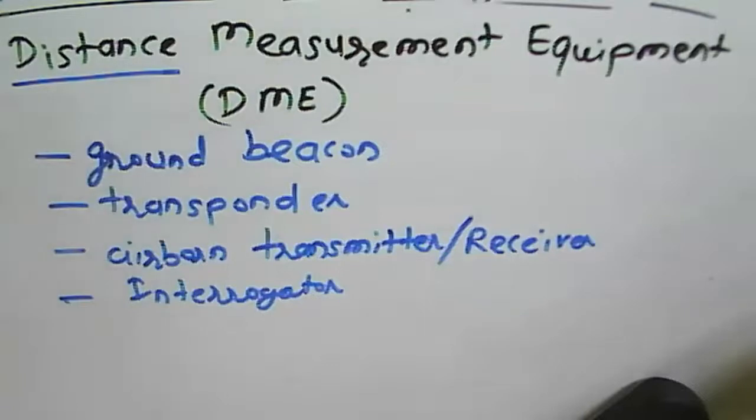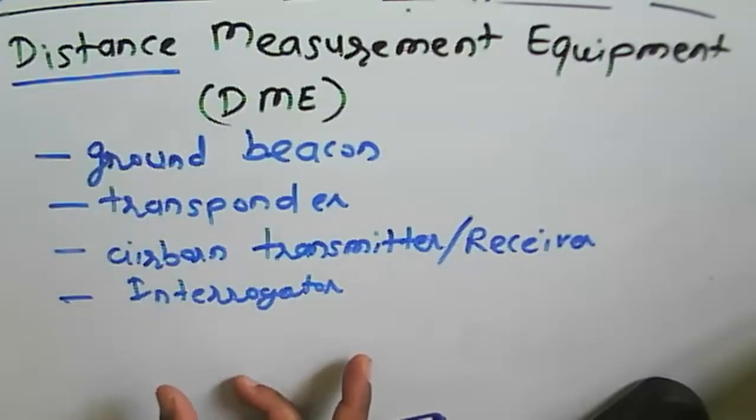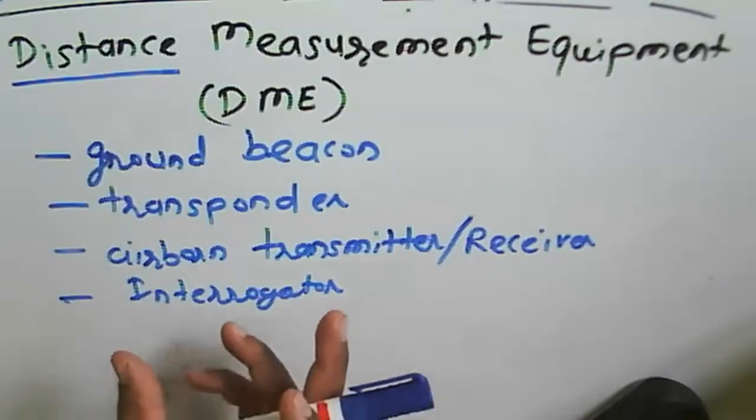If you see the block diagram, generally in an aircraft it has a transponder.